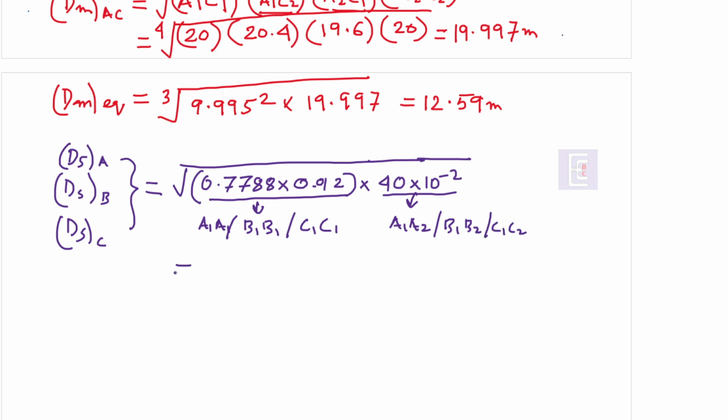If you calculate this, it will come out to be 0.061. You can always check these values at home. Once you have evaluated these three values, since they are identical, the overall equivalent self distance is exactly the same.